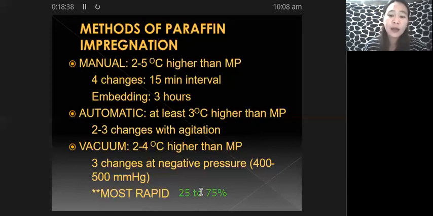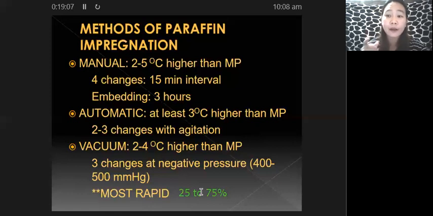So the exposure of your tissue sample to heat has consequences. Specifically, your tissue sample will really become hard and shrunken, which, just like what I have mentioned, is worsened if it is exposed to heat for prolonged periods of time. But that is avoided in the case of your vacuum method.